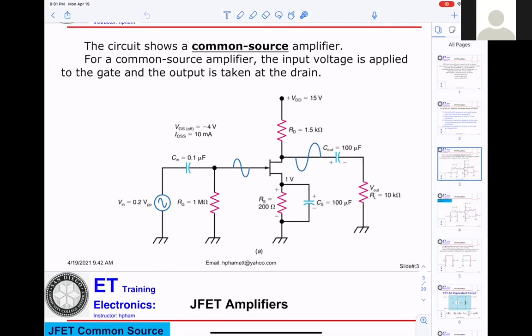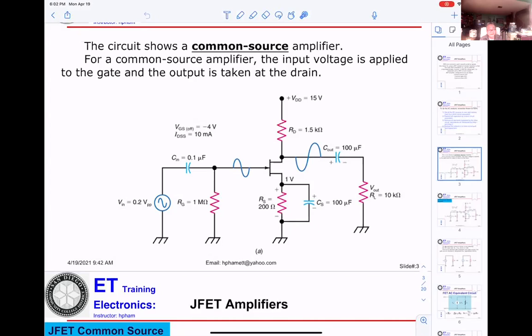Bypass. Right, bypass capacitor here. Bypass what? Bypass the 200 ohm resistor. That means here, for DC you get 1 volt, but for AC you should get 0 volt. The thing is, the AC current goes to the source, through capacitor C here, to the ground. So that means on the source you don't have any AC voltage.